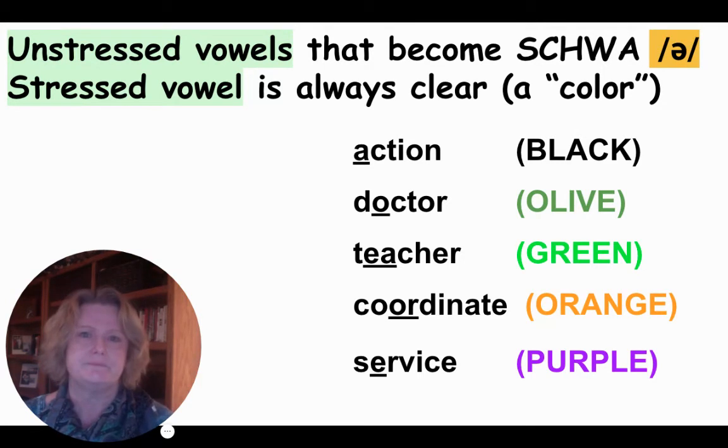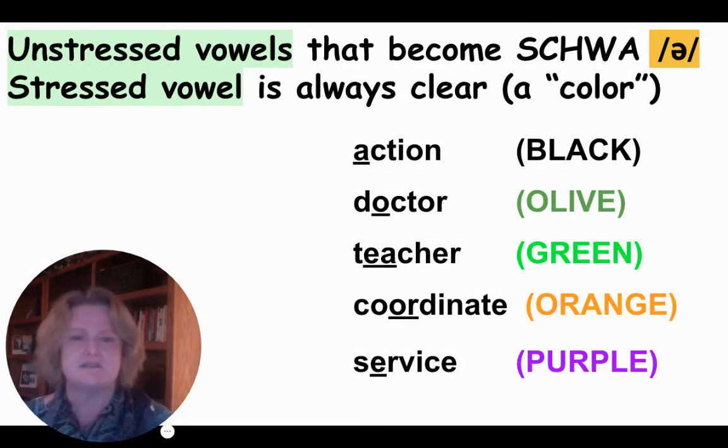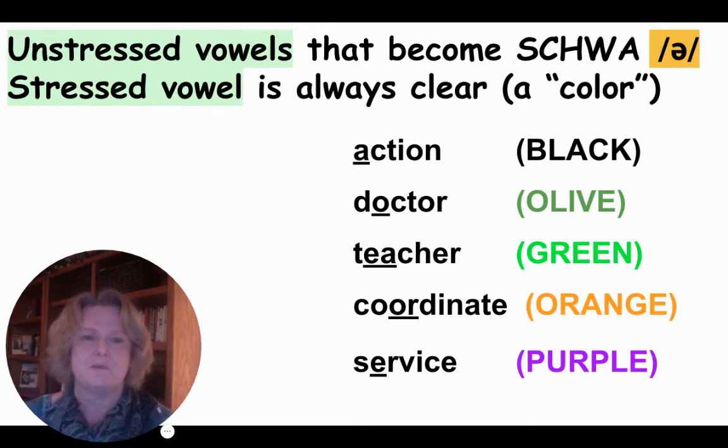Coordinate. Now, as a verb, it's actually pronounced coordinate. And the last part is no longer a schwa, nut, but nate. So actually, that's the difference between a noun and a verb for that word.